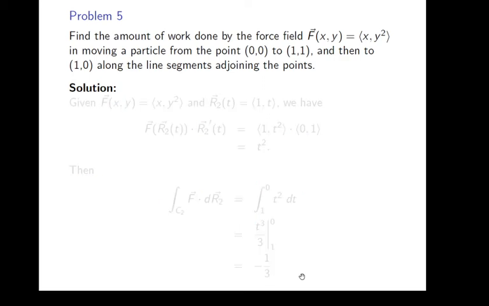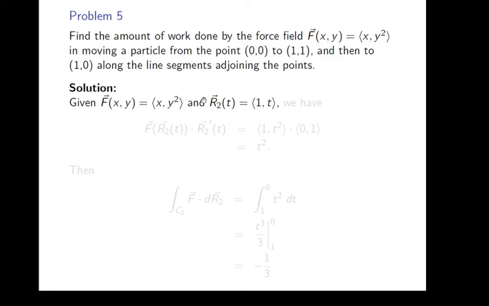Now for the second line integral, we have again F equal to the vector function whose coordinates are x, y squared, and the second curve, C2, is represented by the parametric curve r sub 2, which is given by the vector function whose coordinates are (1, t).